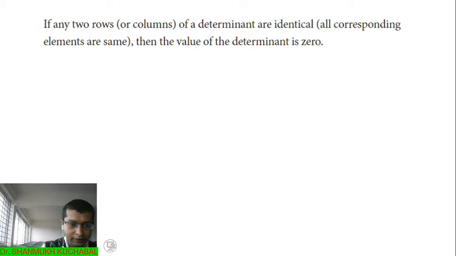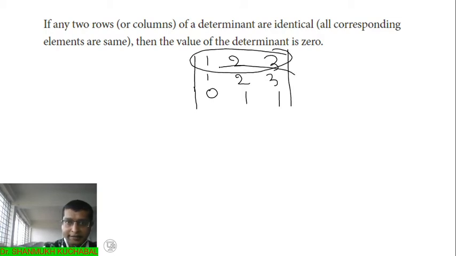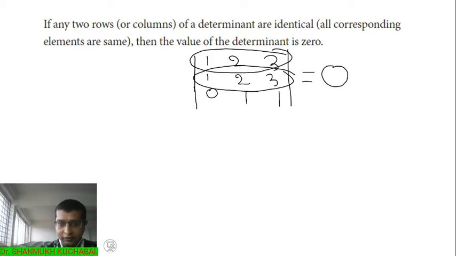Suppose we take an example. This is one determinant here: 1 2 3, 1 2 3, 0 1 1. Here we observe that the first row and the second row are identical, so the value of the determinant is 0.